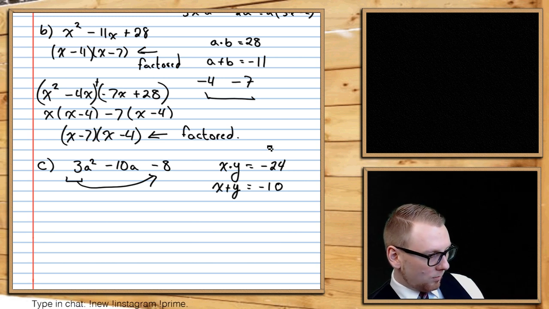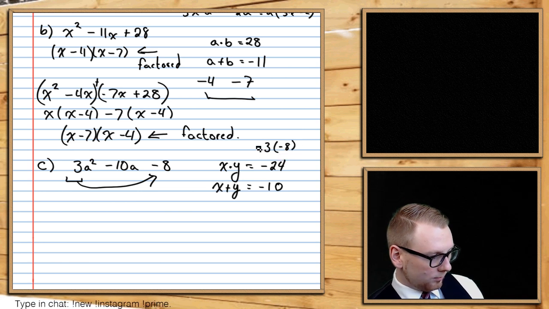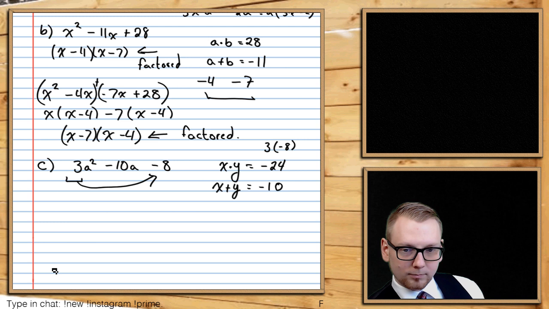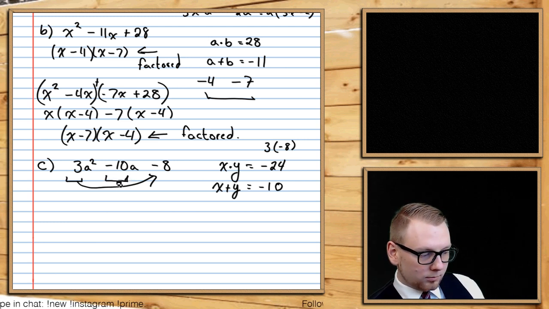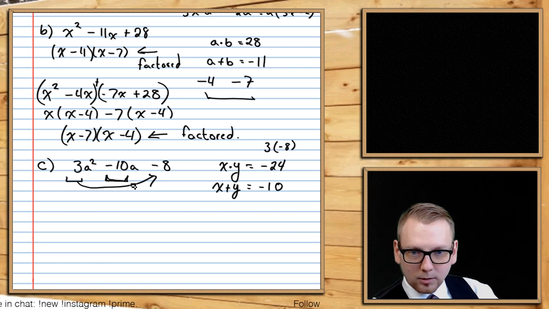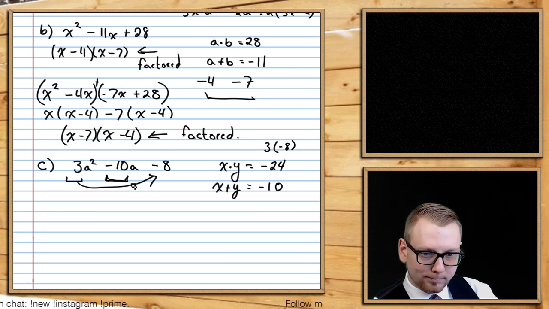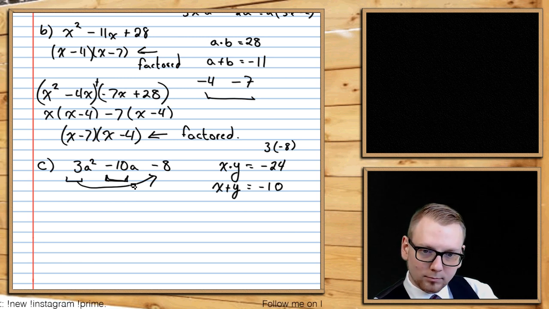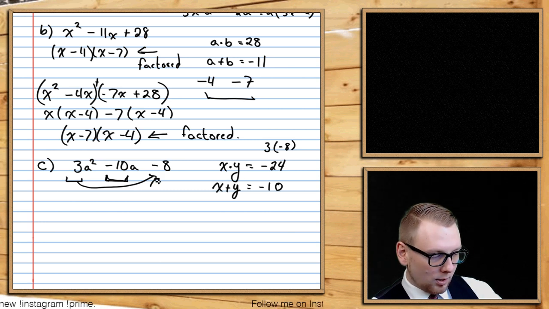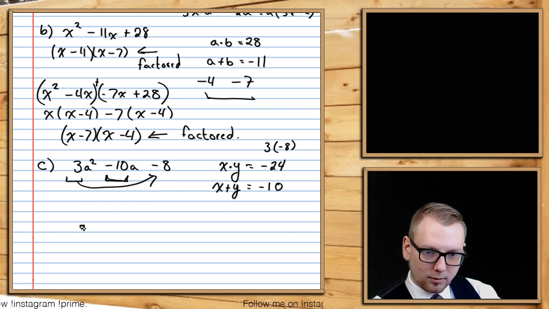So 3 times -8. The -10 is still here. You got that to begin with: 2 numbers that add to -10. It's just that the 8 changes because of the 3 on the front.